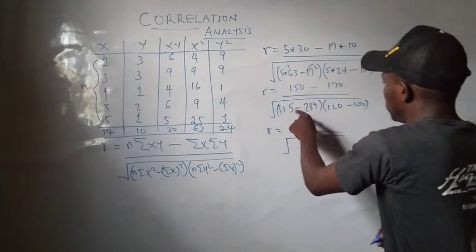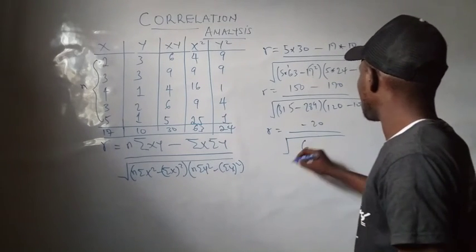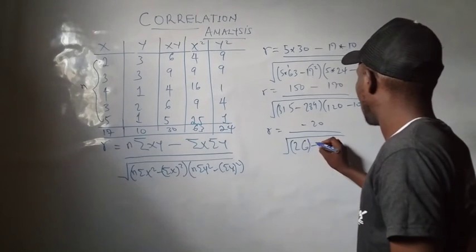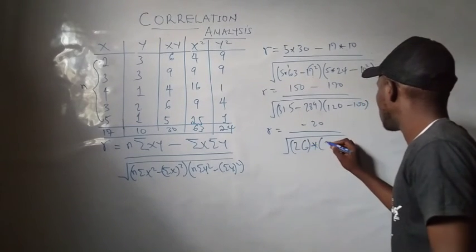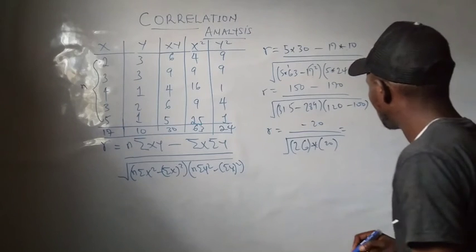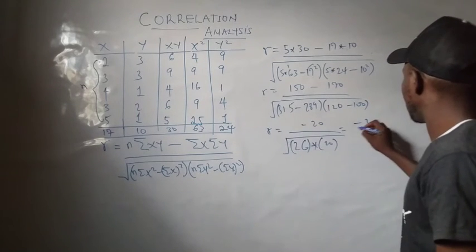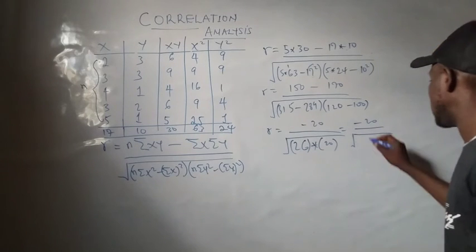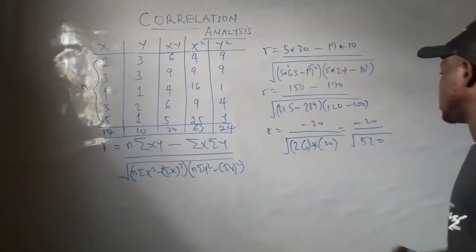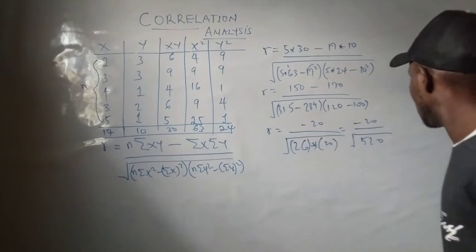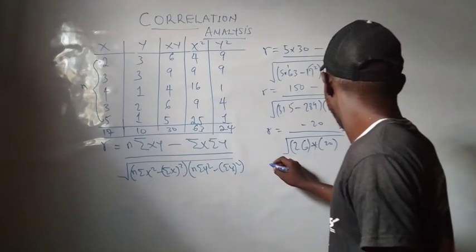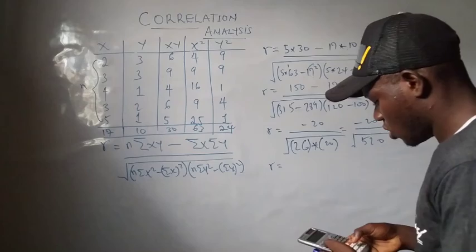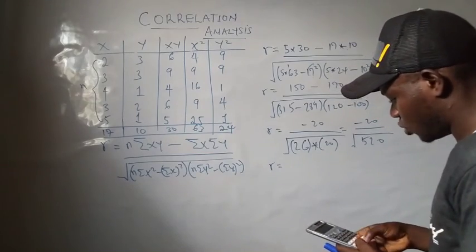We have positive numbers, 26 times 20. So at that very end, I have minus 20 all over, when this is multiplied, the square root of 520. So my r is then equal to minus 20 all over the square root of 520.